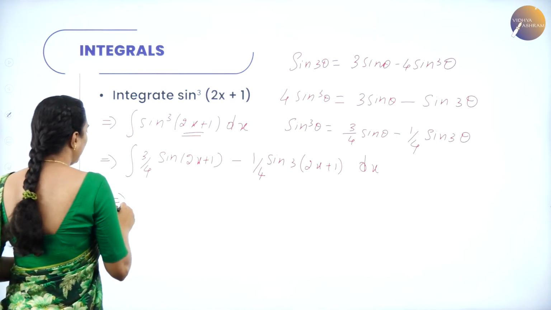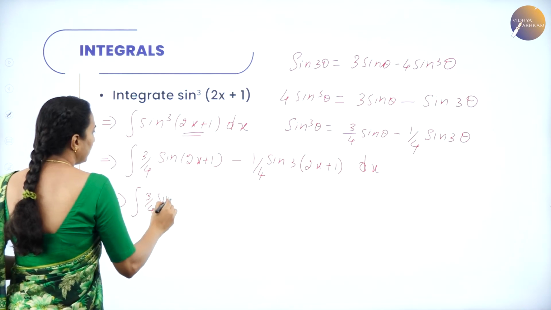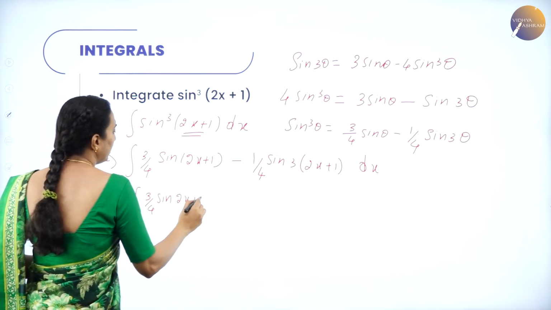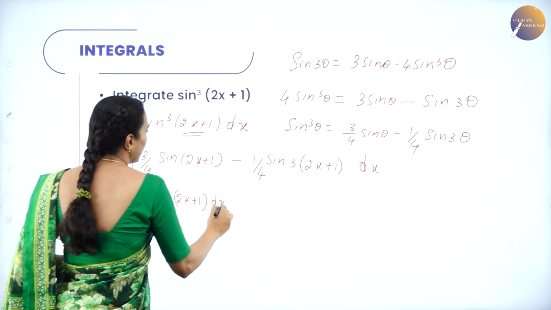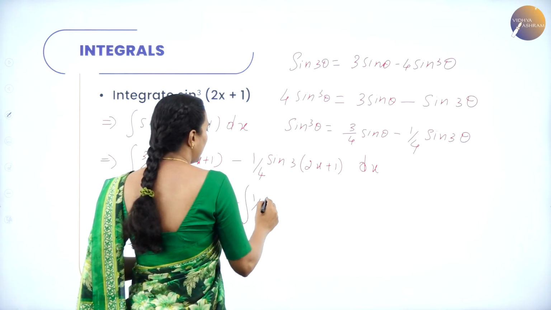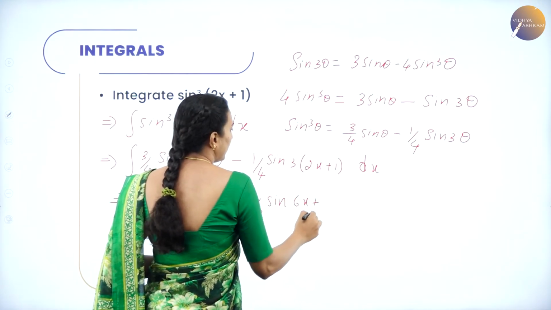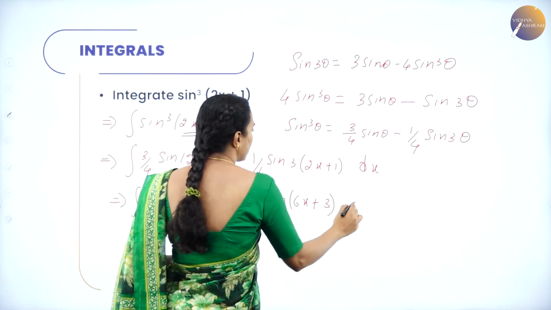Therefore, separating this, integral of 3 by 4 into sine 2x plus 1 into dx minus 1 by 4 integral of sine 3, you can multiply inside, 6x plus 3 into dx.